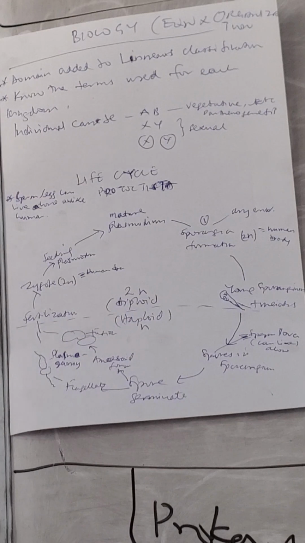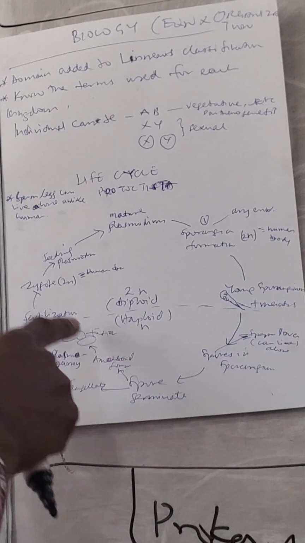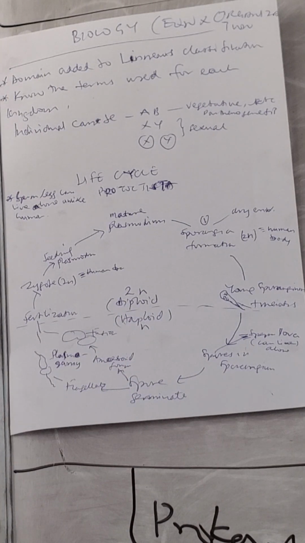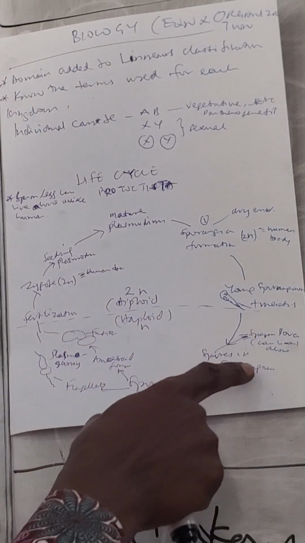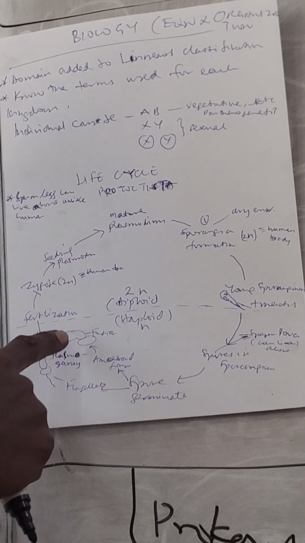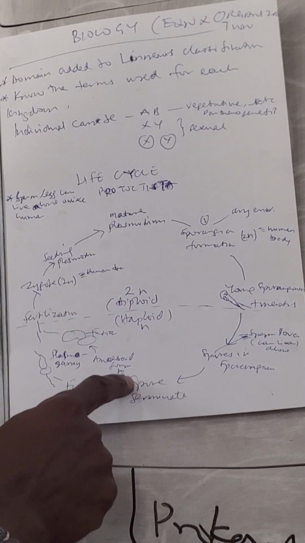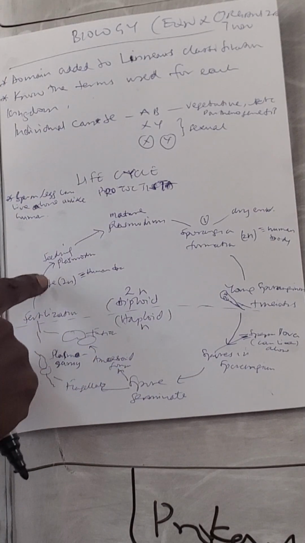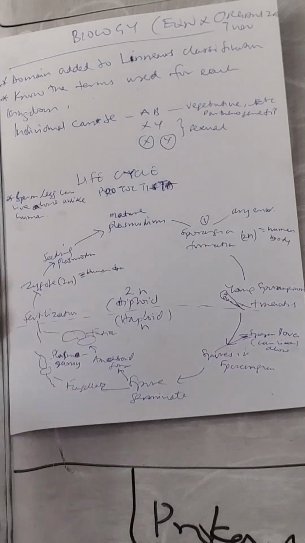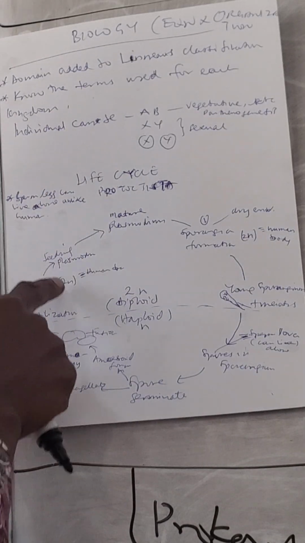Of course, because they are N, they are going to undergo what? Sexual reproduction, so they will fuse. They fuse to form the zygote. When they fuse, they become 2N, so the zygote is 2N.